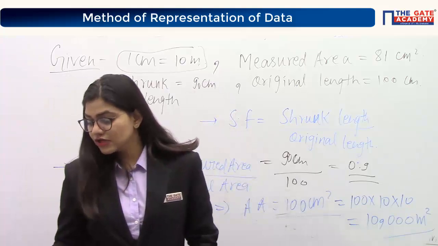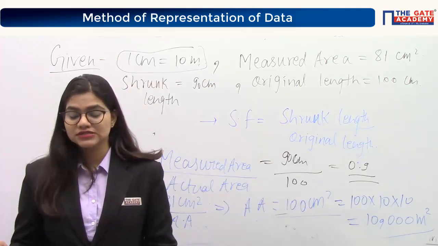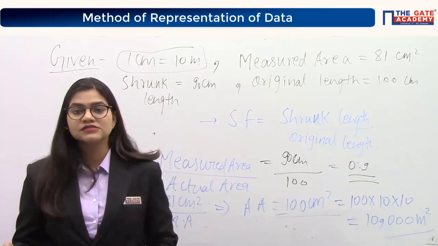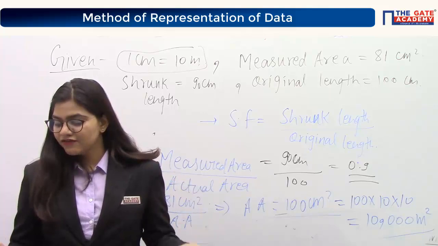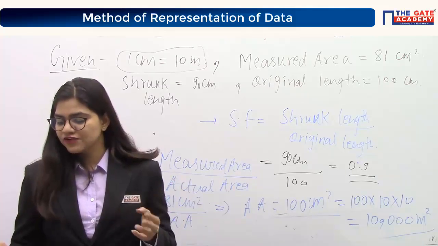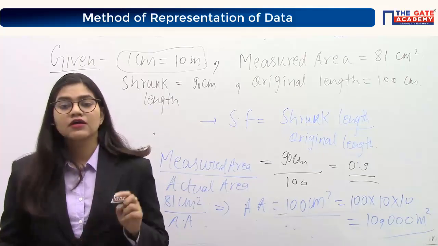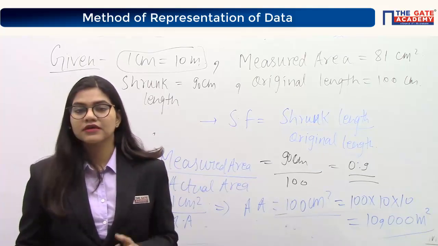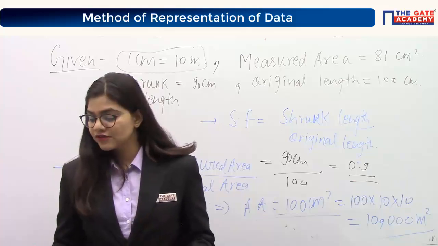Now come to the next question. The survey carried out to delineate natural features such as hills, river, forest, and man-made features such as town, village, building, etc. is classified as: Option A is engineering survey. Option B is geological survey.